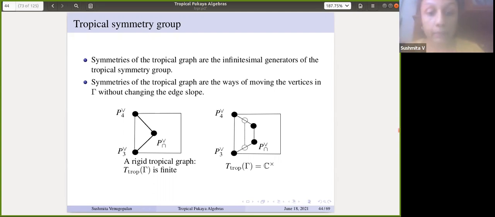For example, in the graph on the left, you have no way of moving the vertices without changing the edge slope. So this tropical symmetry group is going to be finite. In the second case, these two smaller dots can be moved to the dotted positions. So that's a one-dimensional degree of freedom, and it turns out that the tropical symmetry group is actually C star. That one generator gives you a C star. So the amount of symmetry the broken map has is completely encoded in the tropical graph.